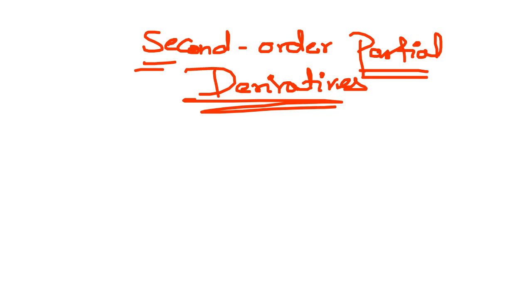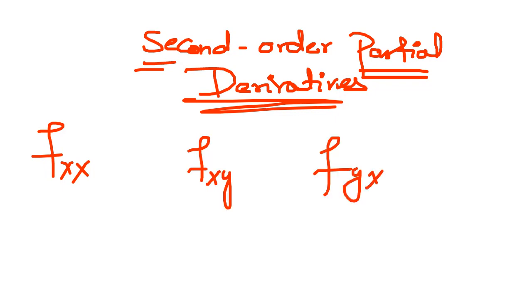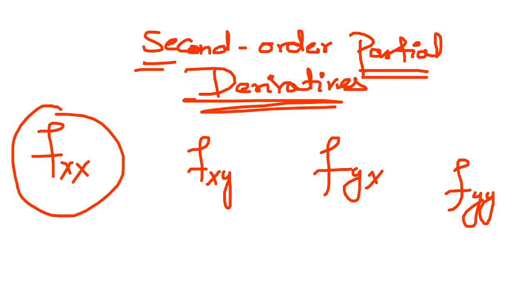How can you represent the second order partial derivatives in terms of f of xx, xy, yx, and yy? It means that you have to take the partial derivative with respect to x two times. For xy, first take the partial derivative with respect to x, and the result you have to take again the partial derivative with respect to y.